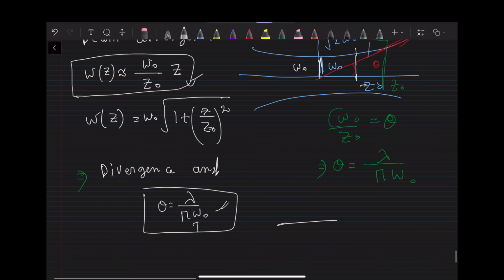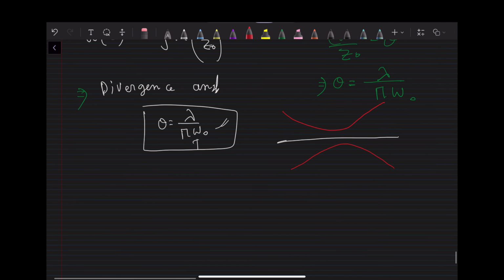So we can visualize, suppose your beam width is very small, it will move something like this. Suppose you are doing a tight focusing, then you can have something like this, which is diverging even more. So that's very important. And I think that's it.